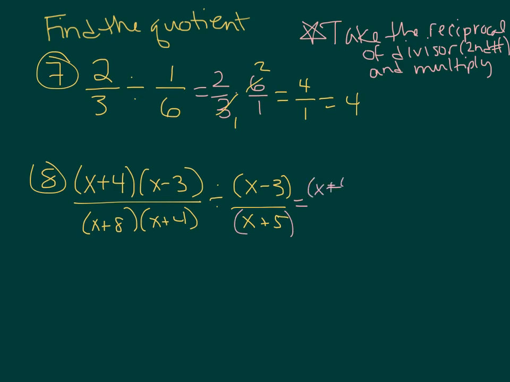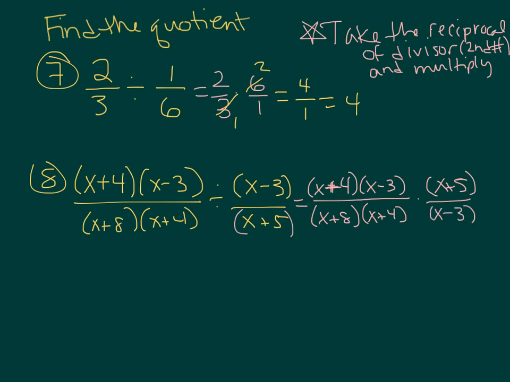Do not multiply anything. Otherwise, you are going to be in a world of hurt because it will take you forever. And in addition to taking you forever, it will give you the wrong answer, which is the worst thing. So all we change right now is we change the second thing. The divisor is now going to be multiplied by its reciprocal.